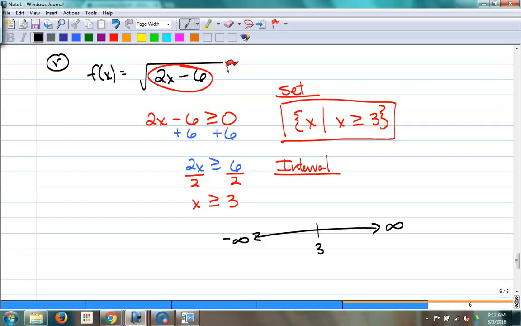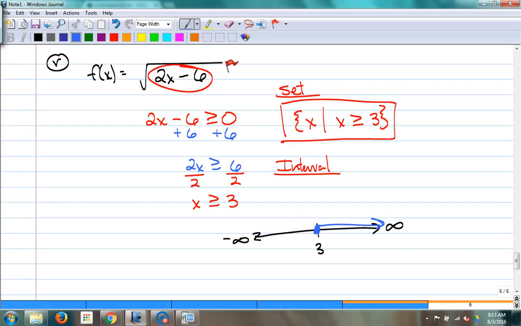It's got an equal to mark, so does that mean 3 is included or not? Yes, it is included. Okay? So I know I'm going to start at 3. And I'm going to go which direction? Toward positive infinity. Yeah, I'm going to go to the positive side because it's greater than that. So that's the interval that I need to write.